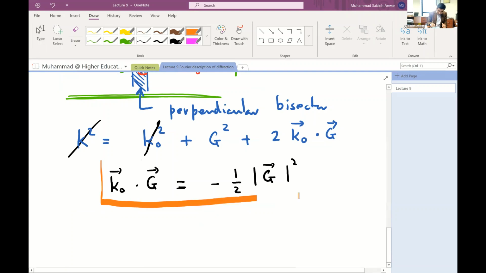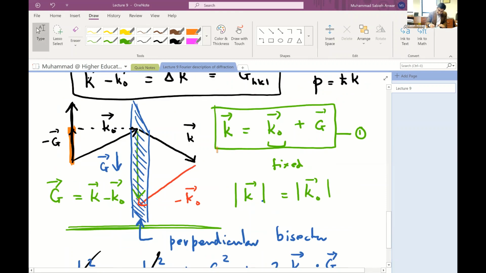Either you can remember this formula, or it's easier to remember the formula that I've written over here.